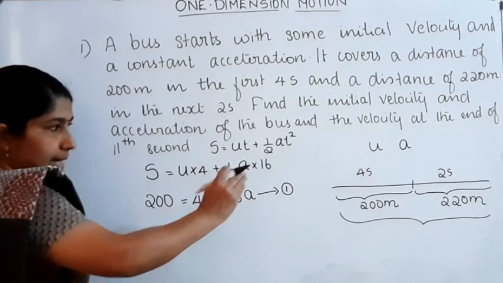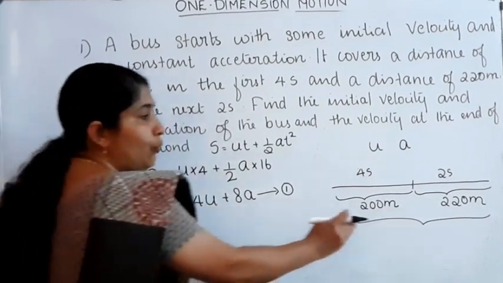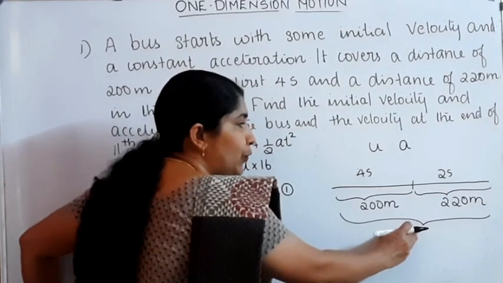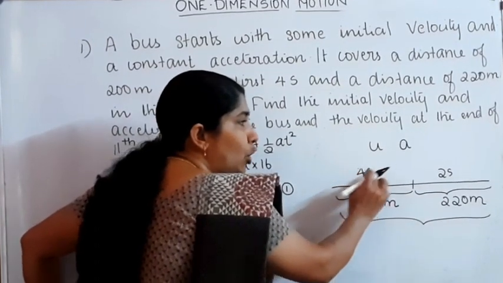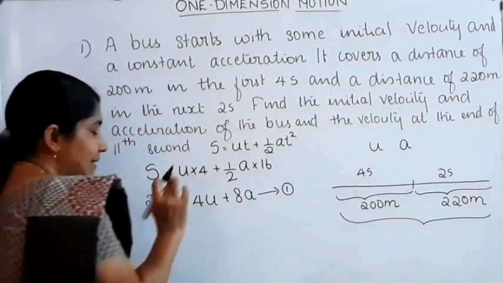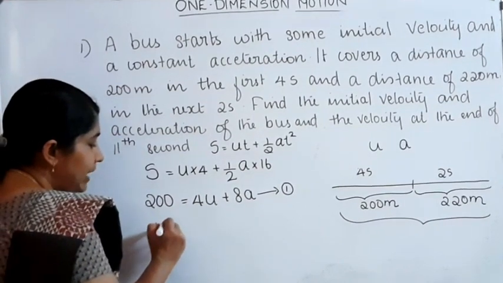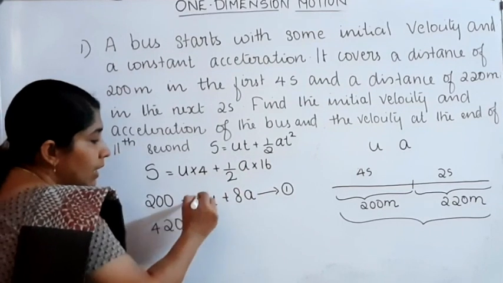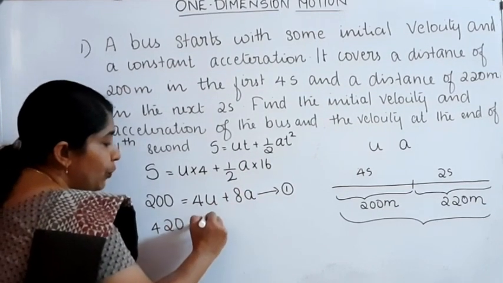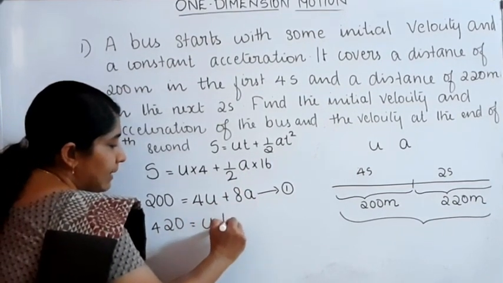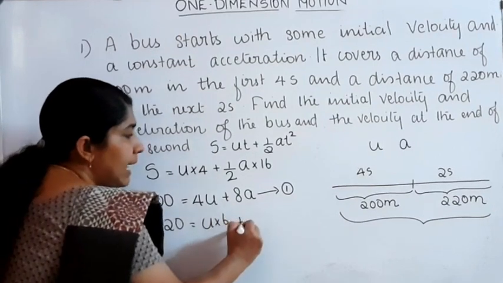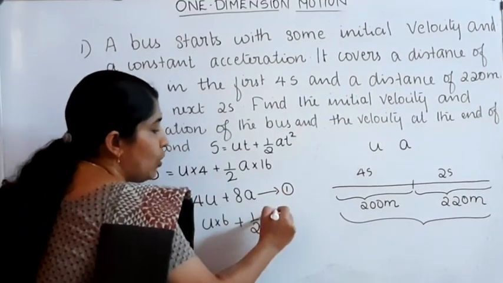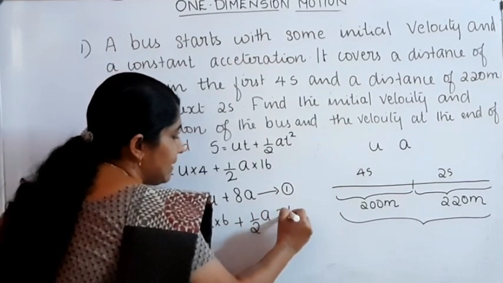In the second case, we can write 440 meter. What about the time taken to cover 440 meter? That is 4 plus 2, equal to 6 seconds. So 420 meter is equal to u into 6 seconds plus half into a into 6 square, that is 36.